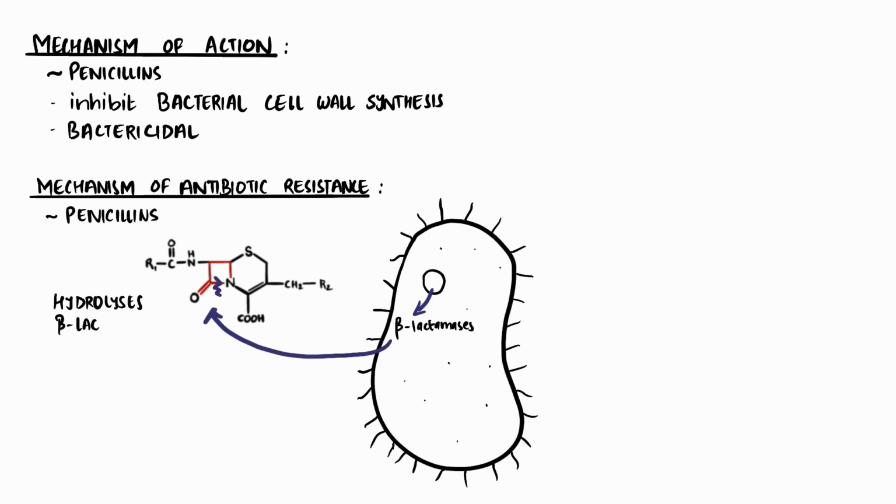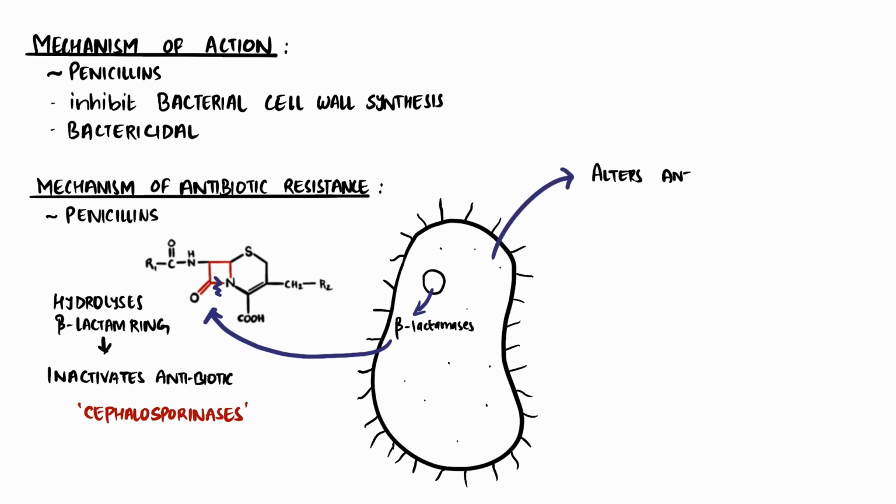They hydrolyze the beta-lactam ring of cephalosporins. The structural integrity of the beta-lactam ring is very important for the antibiotic to function. So when the beta-lactam ring gets destroyed, the antibiotic can no longer function and hence is inactivated. The beta-lactamases that hydrolyze cephalosporins are called cephalosporinases. However, an important point to note is that cephalosporins are still more resistant to beta-lactamases than penicillins.